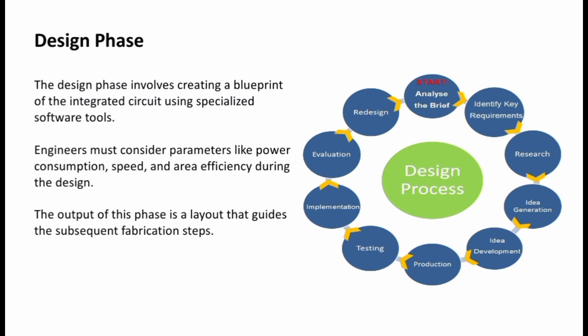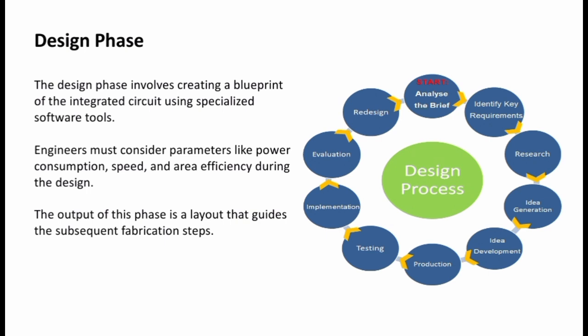Design phase. The design phase involves creating a blueprint of an integrated circuit using specialized software tools. In the design process, as we can see in this block diagram, it starts with analyzing the brief, identifying the key requirements and doing research about that topic or problem. Then comes idea generation, idea development, production, testing, implementation, evaluation and redesign.